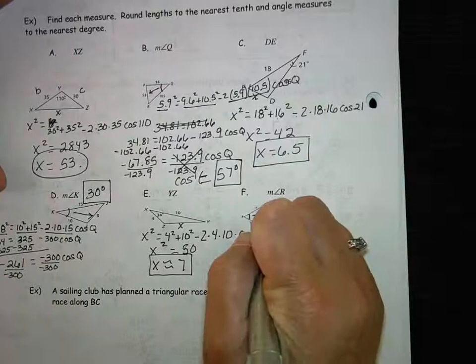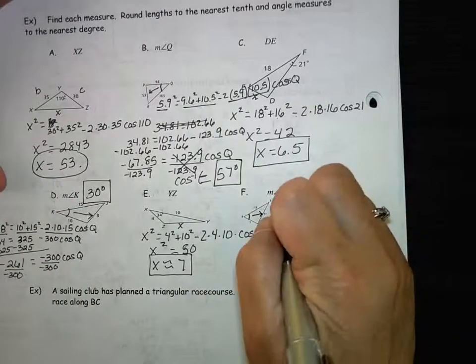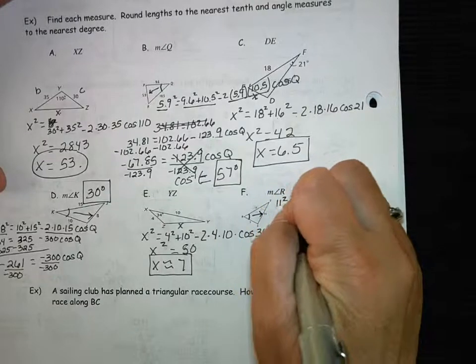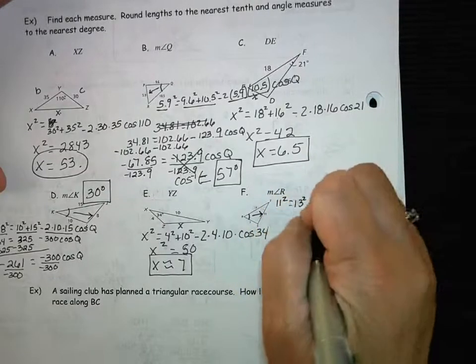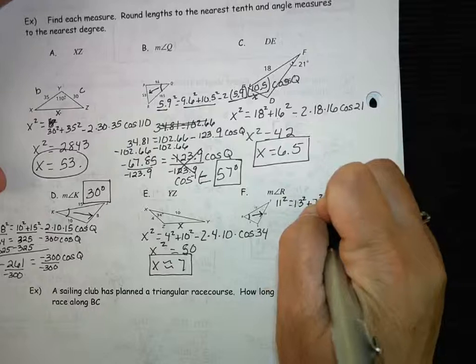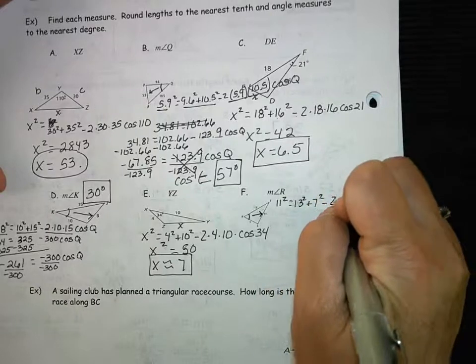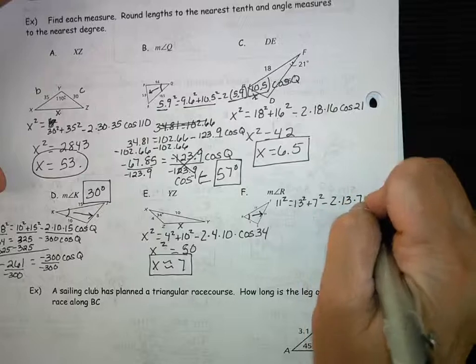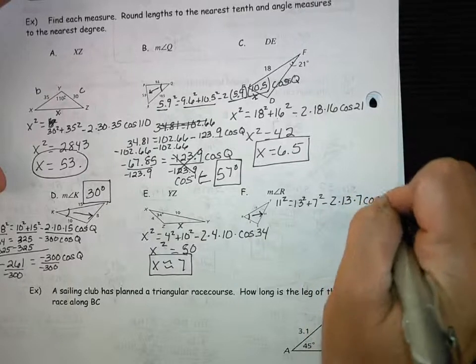Sorry about that. This side will be across from the angle, or this side will be all by itself. So 11 squared equals 13 squared plus 7 squared minus 2 times 13 times 7 times the cosine of r.